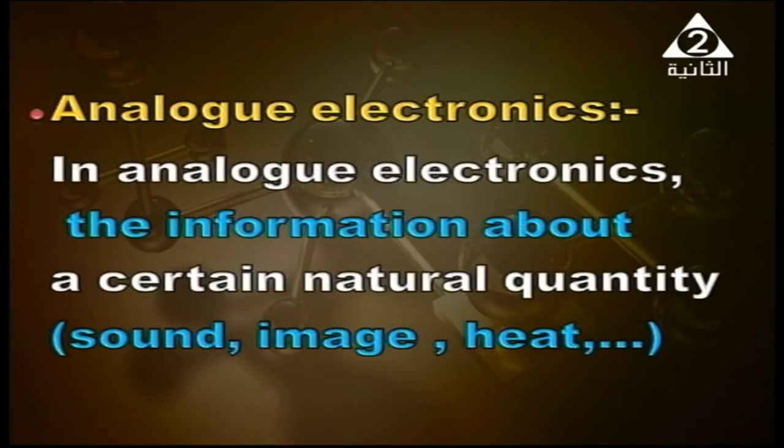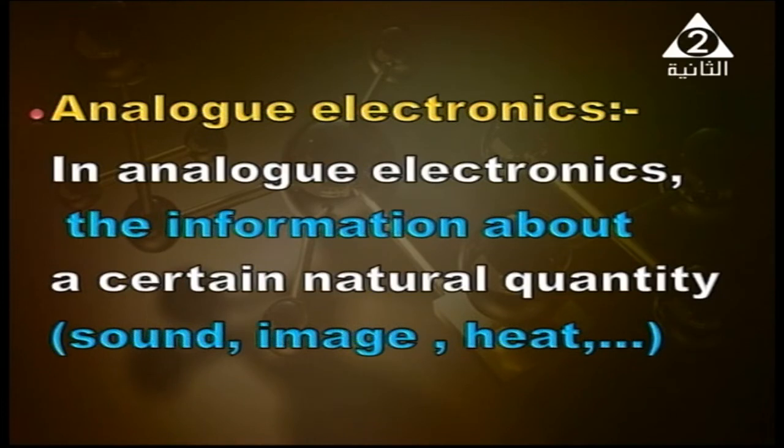And what about analog electronics? In analog electronics, the information about a certain natural quantity, such as sound, image, or heat, is converted into changing current or voltage.